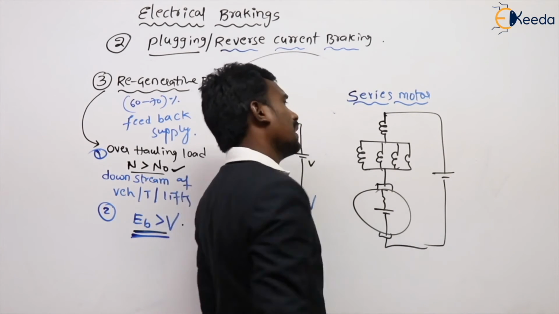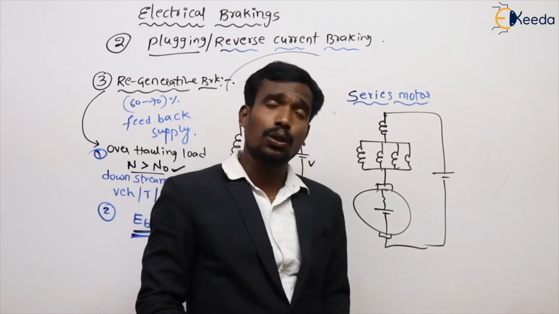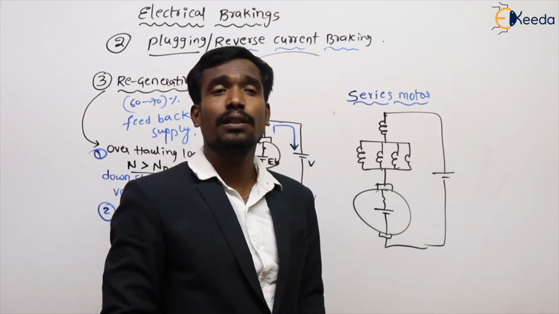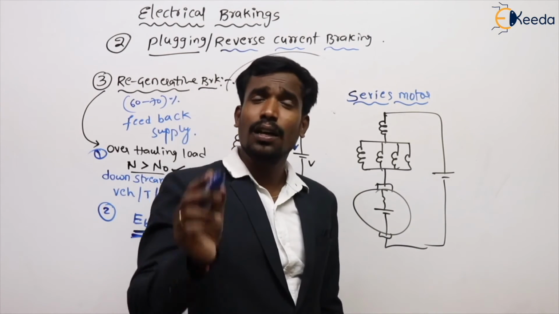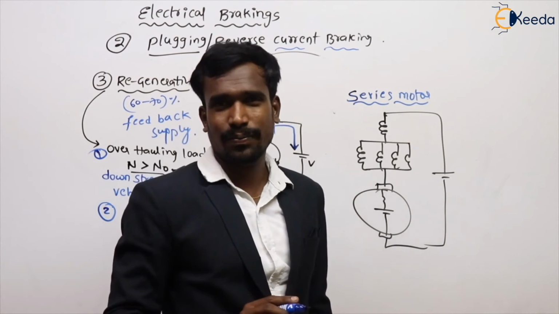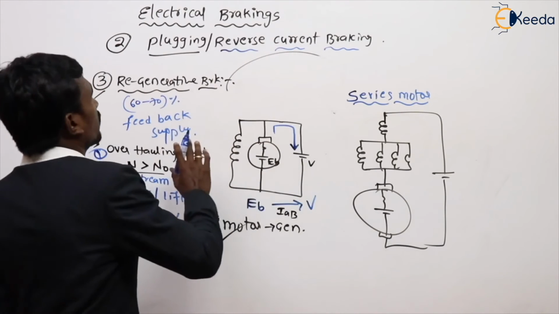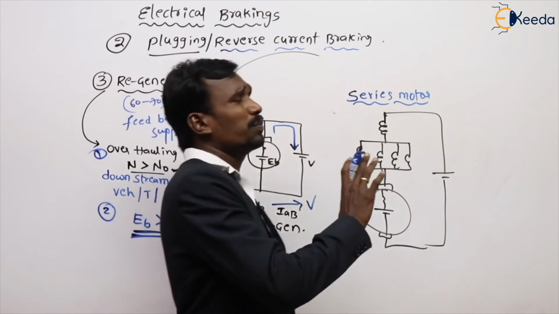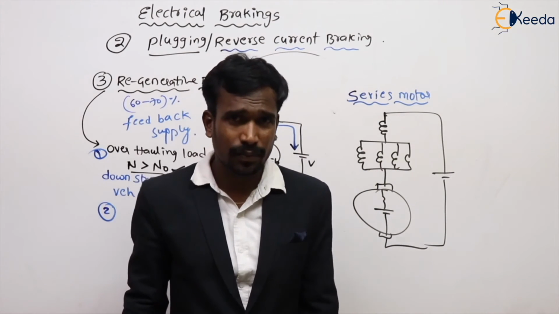Then we can apply regenerative braking for a DC series motor too. But we cannot apply regenerative braking directly for a DC series motor. Remember this point. Is it okay or not? Right, sir? So this is simply about regenerative braking for DC motors. Are you clear? Right, sir?